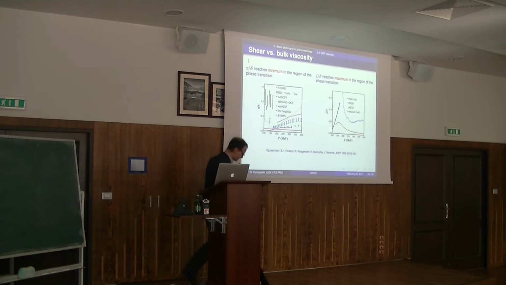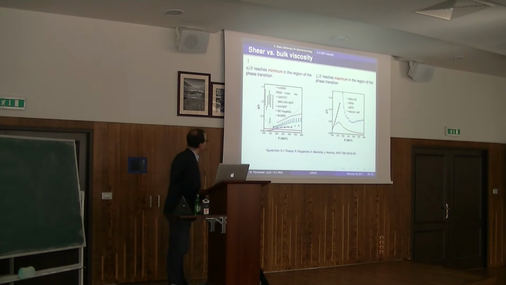Another piece of information about the viscosity is that the shear viscosity divided by the entropy density depends on the temperature, and you see many results from all kinds of models and theories, and one expects the minimum of the shear viscosity close to the critical temperature.